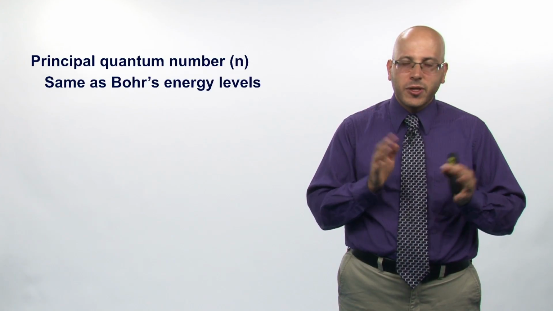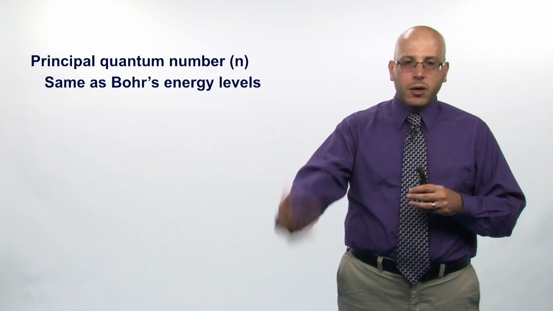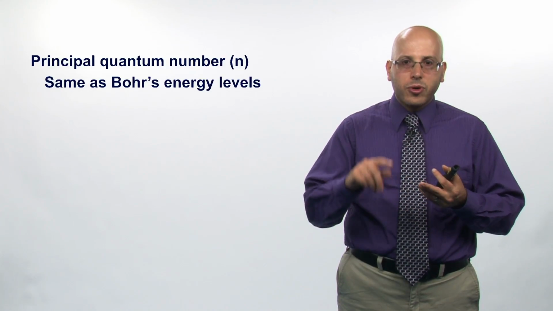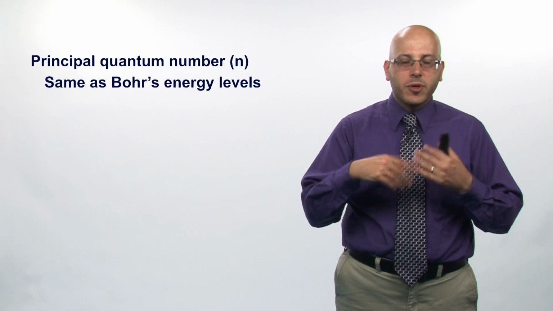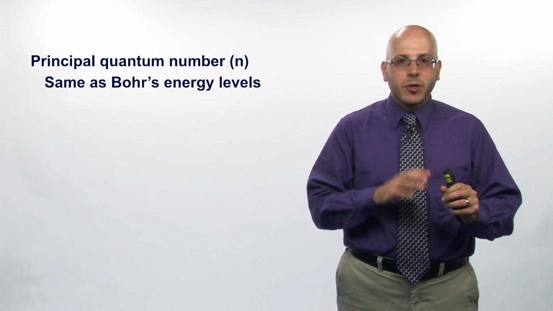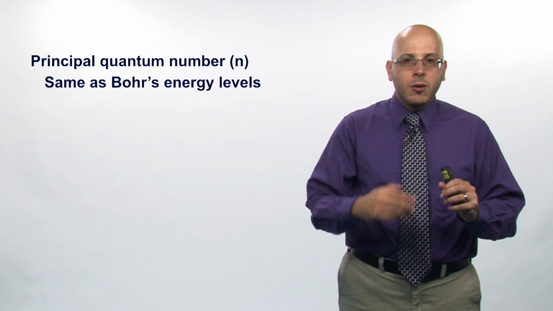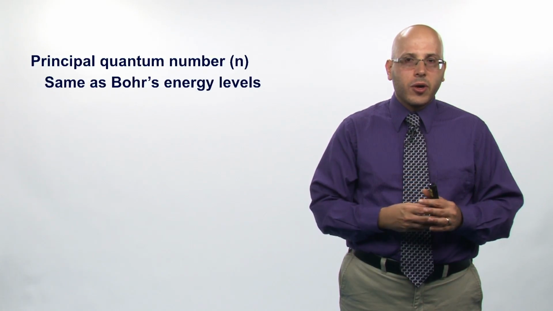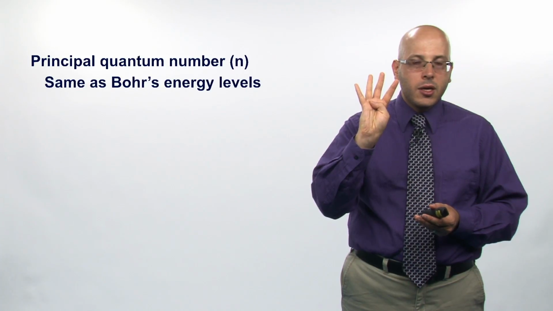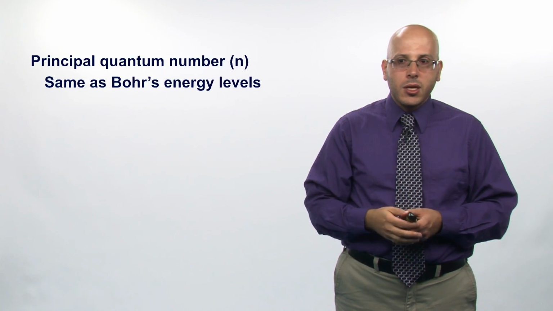That seemed kind of weird to them. But what further people had discovered, like Schrödinger and Heisenberg and Pauli and Dirac and a bunch of other scientists, is, you know, Bohr was actually onto something, but he didn't go far enough. Okay, Bohr had assumed that only one thing was quantized, but there are actually 4 different things that are quantized. And these are the 4 different quantum numbers in an atom.